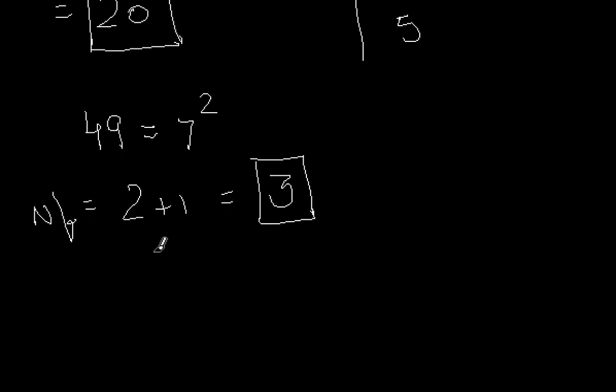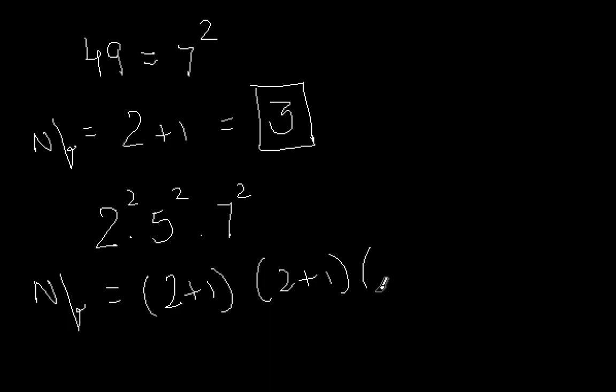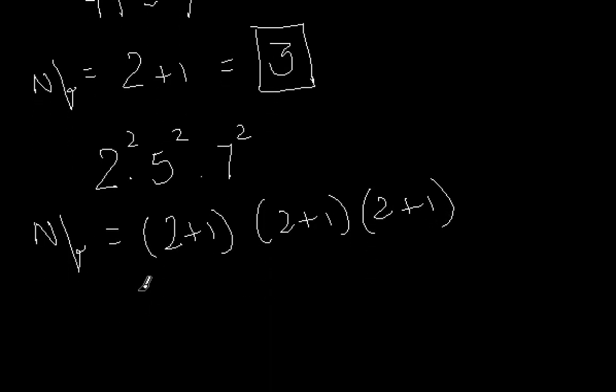Similarly, if we take any other perfect square, let it be 2 square into 5 square into 7 square, where 2, 5, 7 are prime numbers, the number of factors would be 2 plus 1, 2 plus 1 and 2 plus 1. This would be 3 into 3 into 3, which is 27.